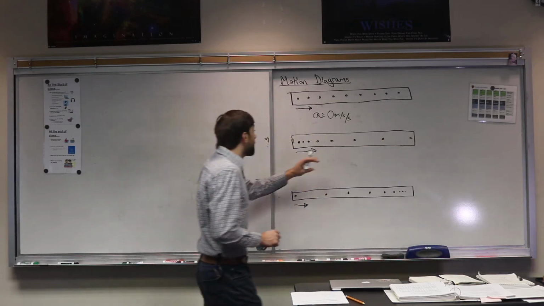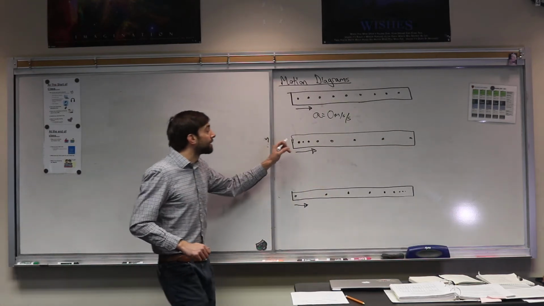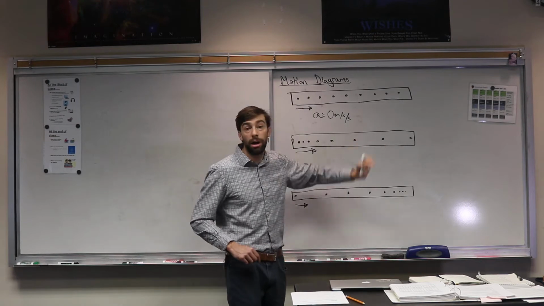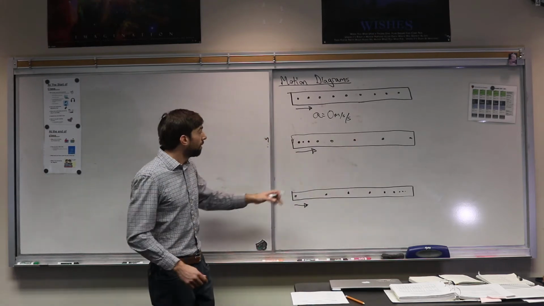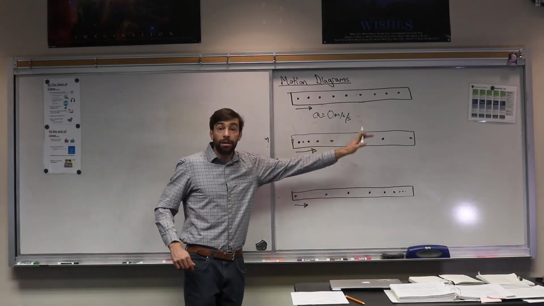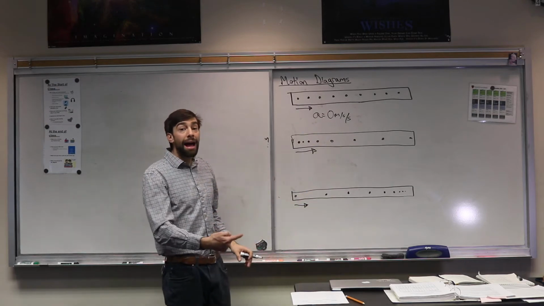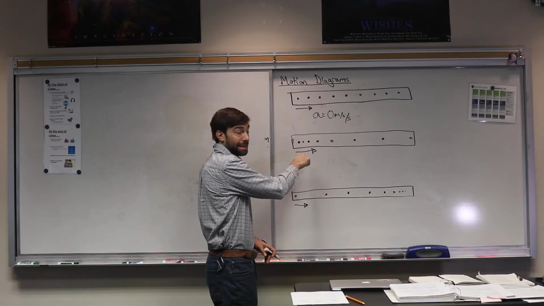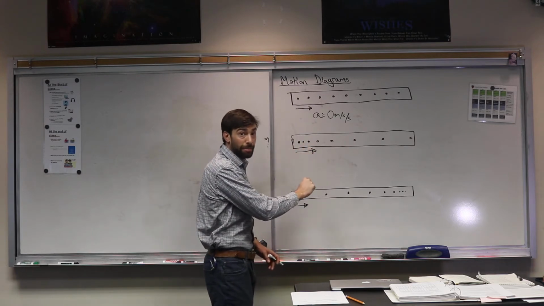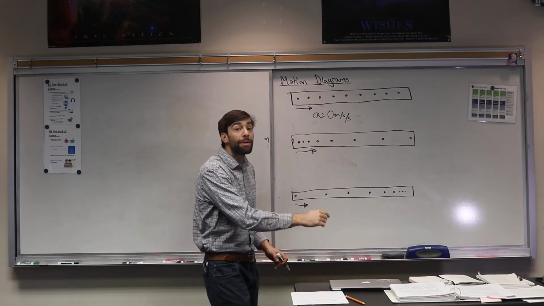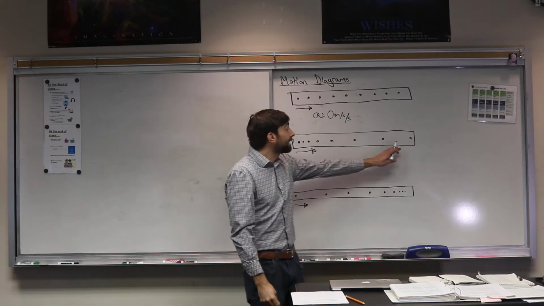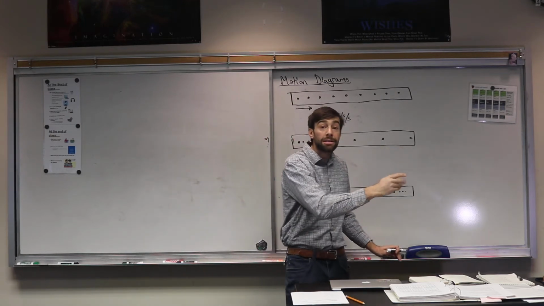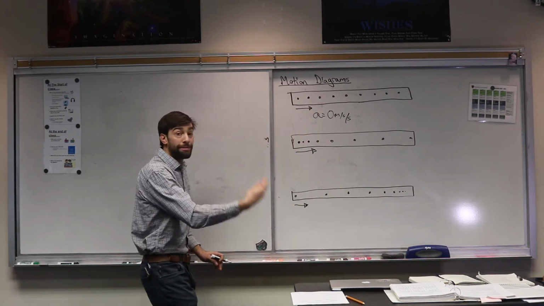All right. This example, what's happening to the distance between our dots? Well, it's getting bigger and bigger and bigger. So as we travel, at 1 second, we travel a little bit. 2 seconds, we travel a little bit more. 3 seconds, we travel a little bit further, so on and so forth, until down here we're traveling quite far.